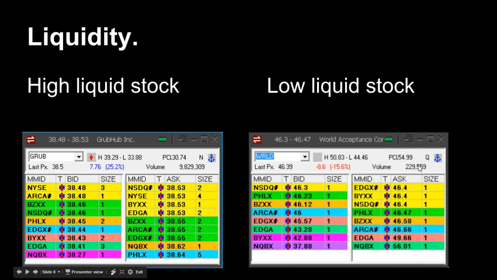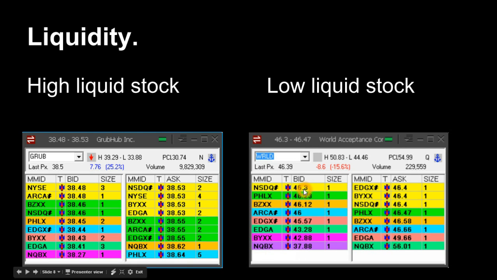As you can see, the volume is almost 200, and this picture is at the same time in the 2 stocks. So this is really low volume, and the spread between bid and ask is 10 cents. So this is really dangerous, because if you buy the same amount of shares in this one or in this one, you will start losing a lot.